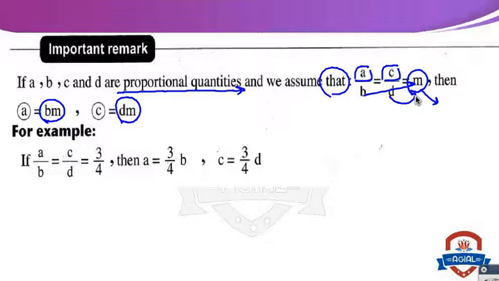For example, A over B equals C over D equals 3 over 4. Then A equals 3 over 4 B and C equals 3 over 4 D. Very, very important.